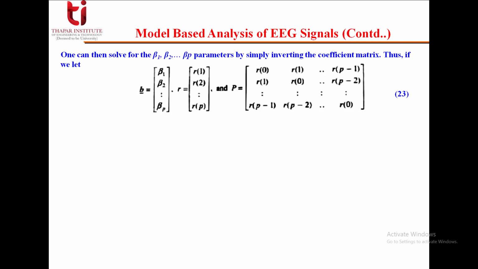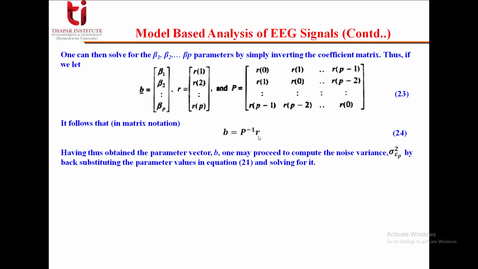Thus, if we let this matrix B be a column matrix of all the beta parameters, and this R matrix is nothing but the correlation parameters, and this is a diagonal matrix P, then from this we can calculate the parameters B as P inverse times R. Having obtained the parameter vector B, we can proceed to compute the noise variance, that is sigma epsilon p square, by back substituting the parameter values as we have done in equation 21.